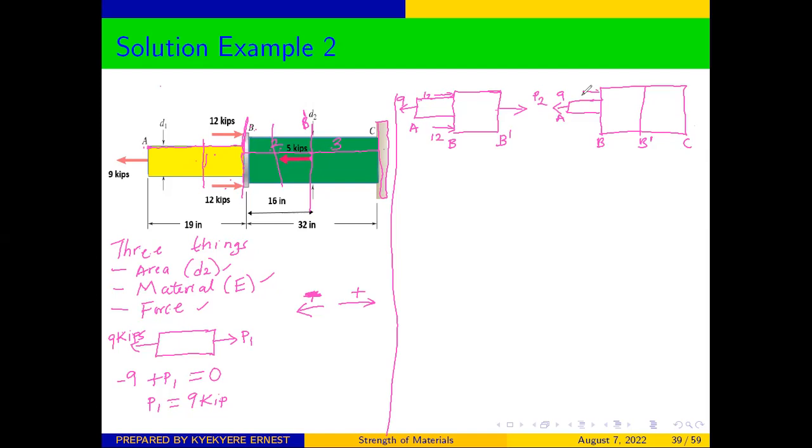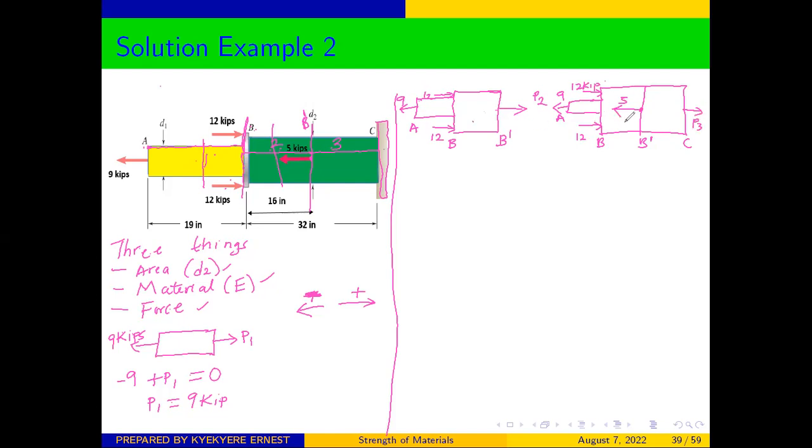We have a force of 12 at this side, 12 kips. We also have another force at this side, that is also 12 kips. And we have a force applied at B prime going in this direction, and that is 5. So our internal force will be here. We can call it P3.